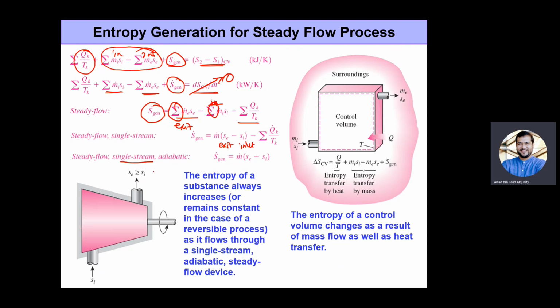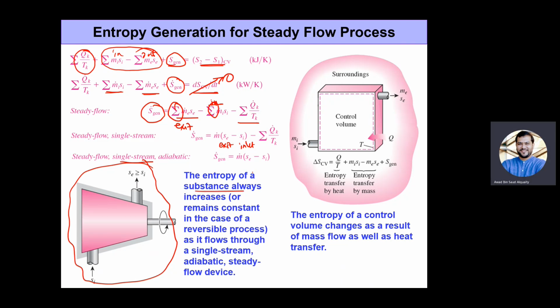All right. And therefore, when we are looking at a single inlet, single exit steady state, steady flow system, like the one shown here in the schematic, we can very well say that the entropy at the exit should be either greater than or equal to the entropy at the inlet, or we can say that the entropy of the substance either increases or remains constant.